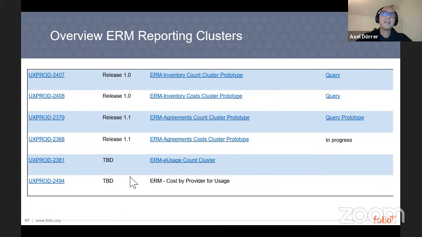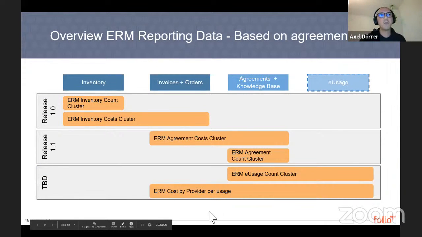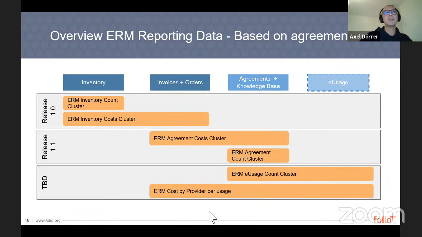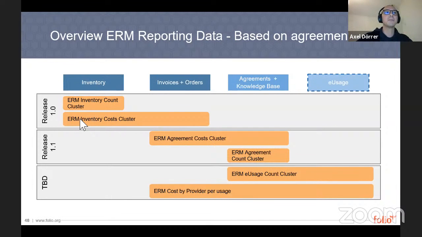To make clear why we have these releases, I have a second slide, a more graphic way to show what data is affected by which cluster. We see the first 2 clusters, about ERM inventory count and ERM inventory costs, have the inventory and the invoices and orders apps in and their storages.